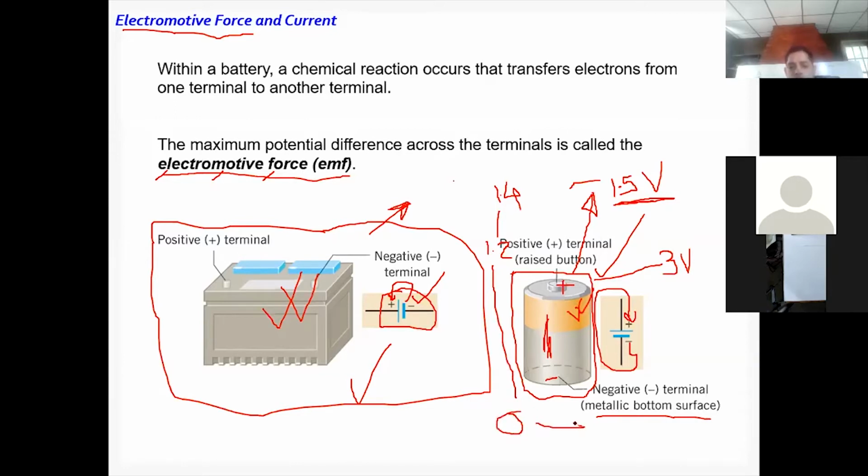And in this case, we call the battery dead. Now you can toss it. So this maximum potential difference across the terminals, this 1.5, is called EMF. Does it make sense?